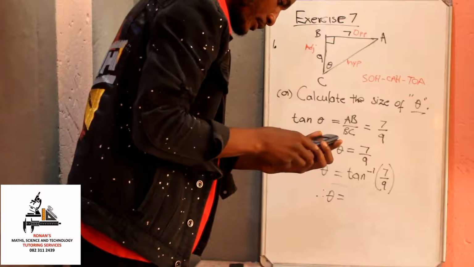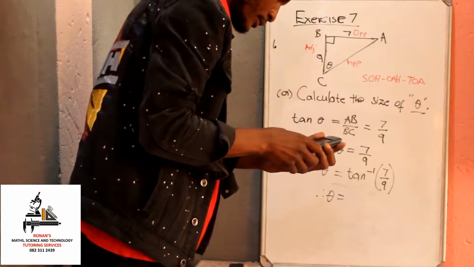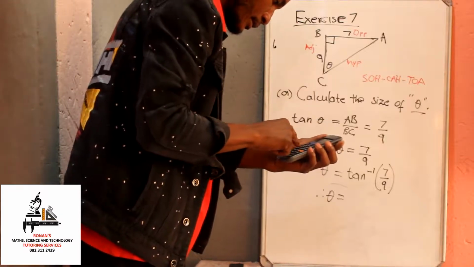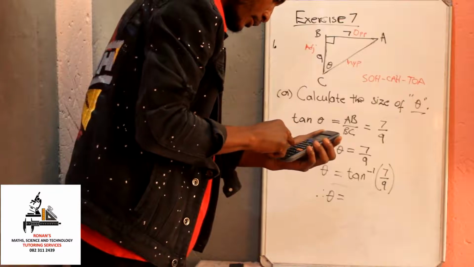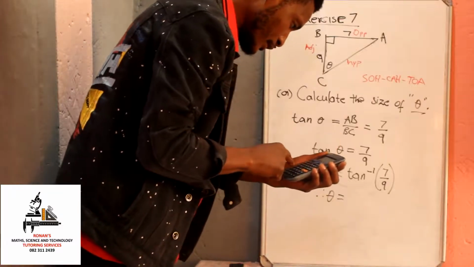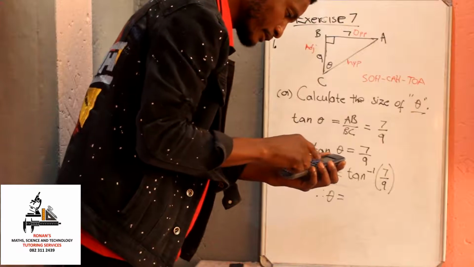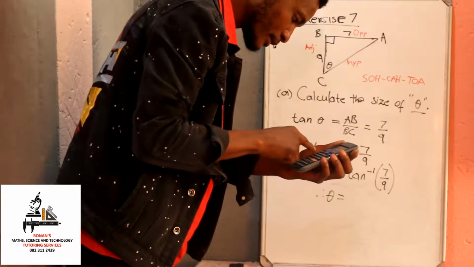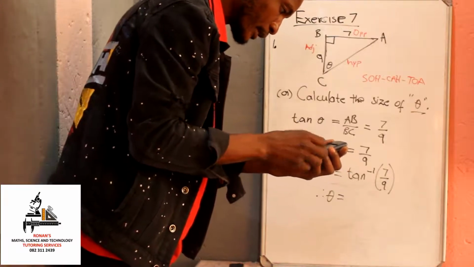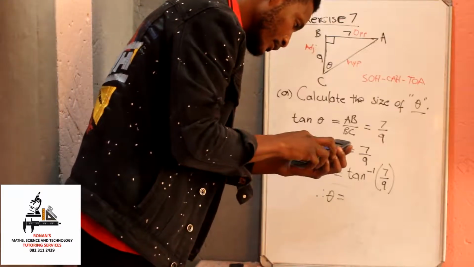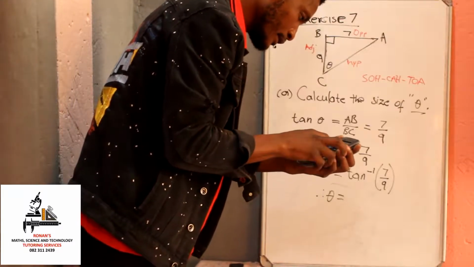Actually, it's arctan, pardon me for that. So that means that's going to be shift arctan of 7 over 9.